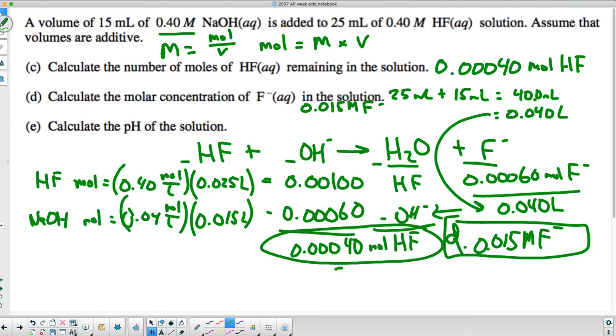Now, that will be, okay, so maybe this one is an ICE problem, like this, an ICE problem.